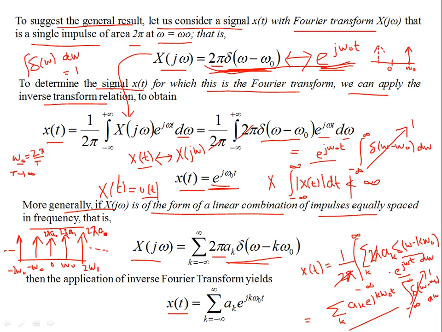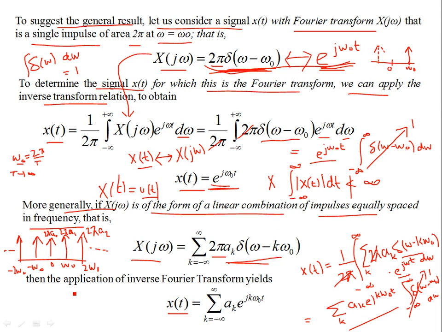That's an important relationship in the Fourier transform of periodic signals: the Fourier series coefficients get multiplied by 2 pi. That's the first thing to notice.